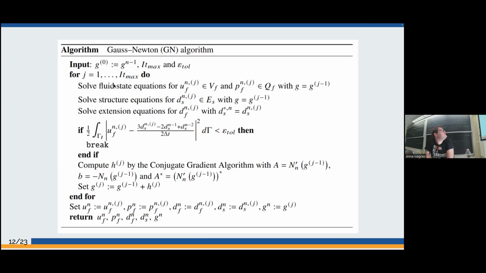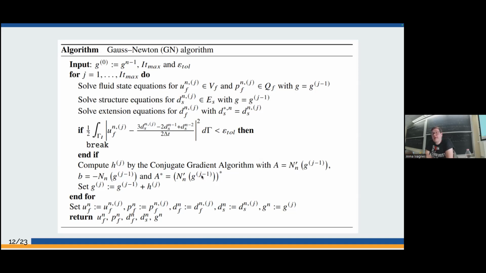And inside, we first solve the fluid and structure equations in parallel, as I said, and then we update the fluid displacement by using the structure displacement, which we just solved before that. And then we update using the conjugate gradient algorithm with the partial derivative of the functional and its adjoint.